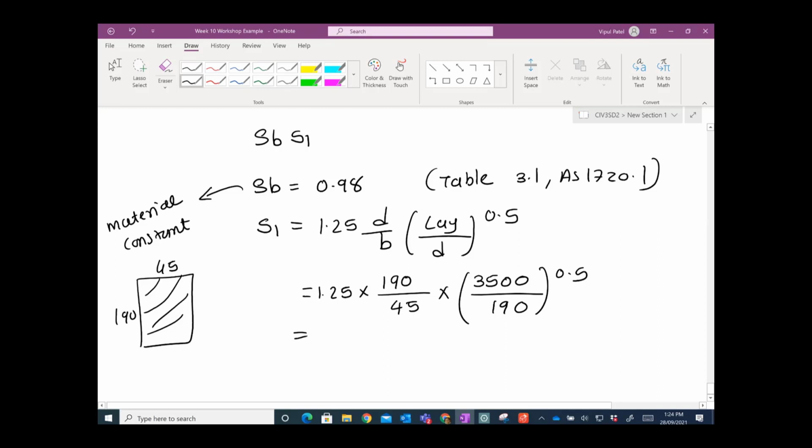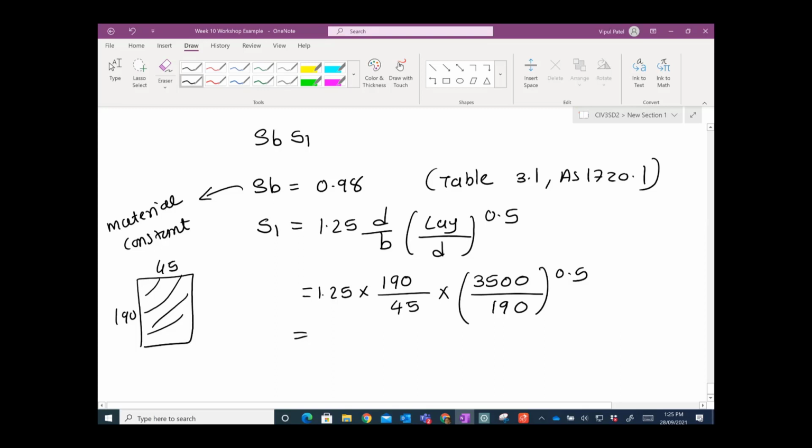So S1 equals 3500 divided by 190, to the power 0.5, times 190 over 45, times 1.25.